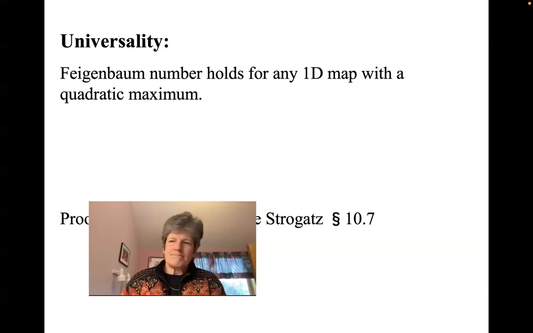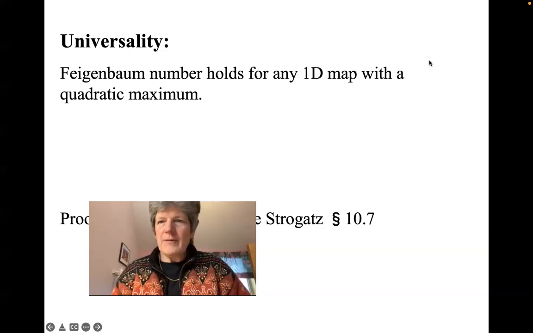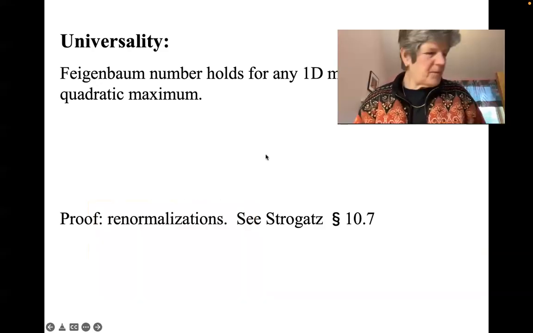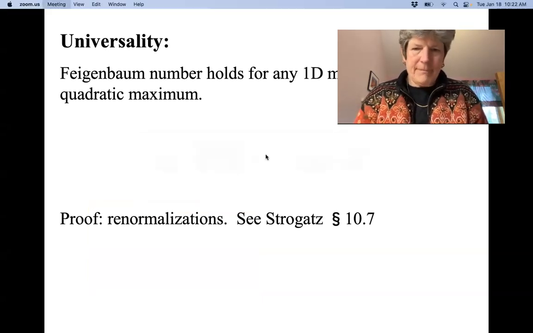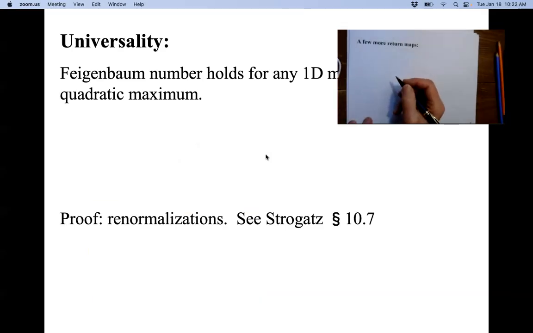Okay. So I'm going to draw a few more return maps to reinforce some intuition that will help with some of the questions that came up. What I'm drawing here is not the logistic map.